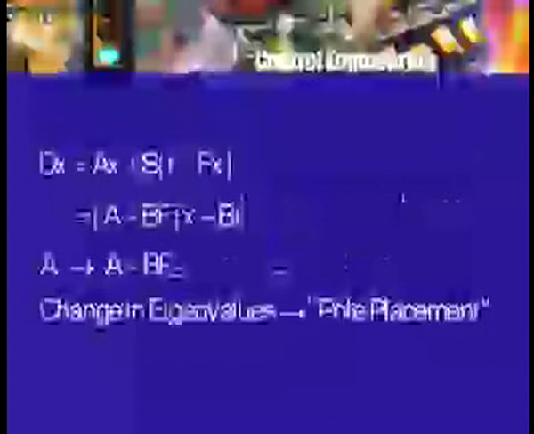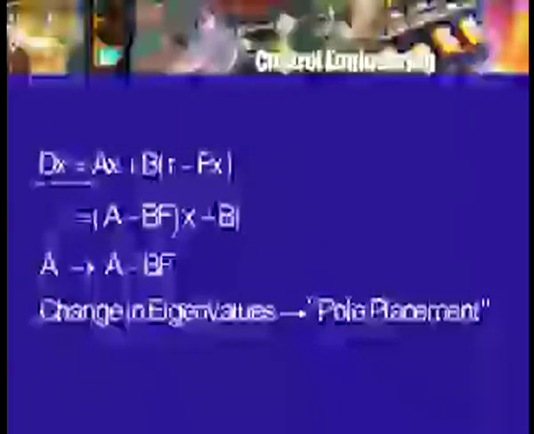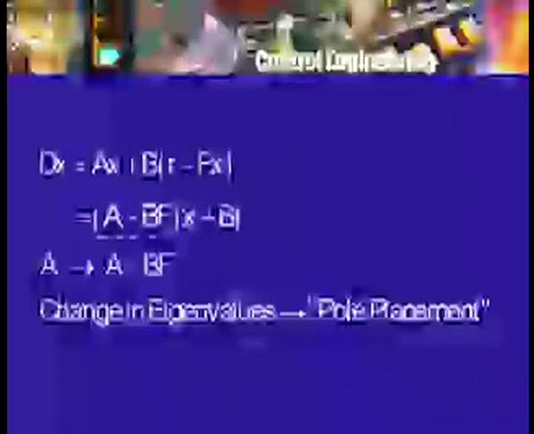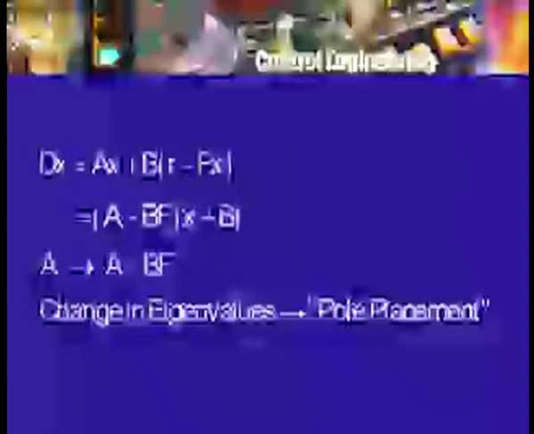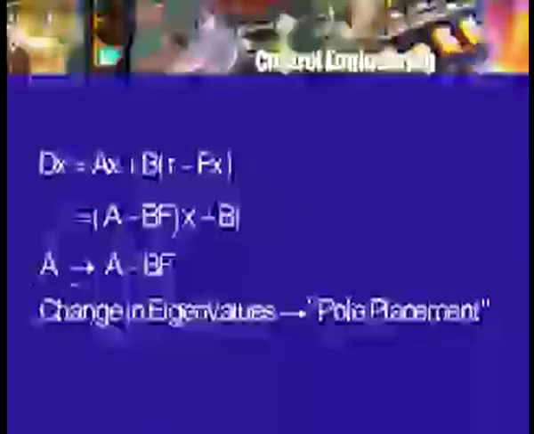The differential equation is now dx equal to some other matrix acting on x plus B acting on the reference input. So, now the characteristic values or eigenvalues of this matrix will govern the nature of the response. So, what we have changed is essentially we have changed the system matrix A, as it were, from A to A minus Bf.